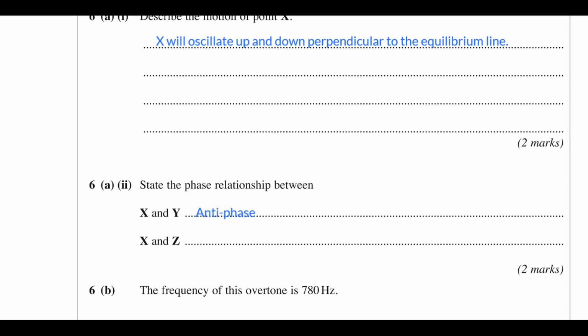X and Y are anti-phase, or 180 degrees out of phase with each other, and then X and Z are both in the same position above the equilibrium line, so they're in phase. In a stationary wave, you are either in phase, anti-phase, or you're at a point that's not vibrating at all. Those are your options there.